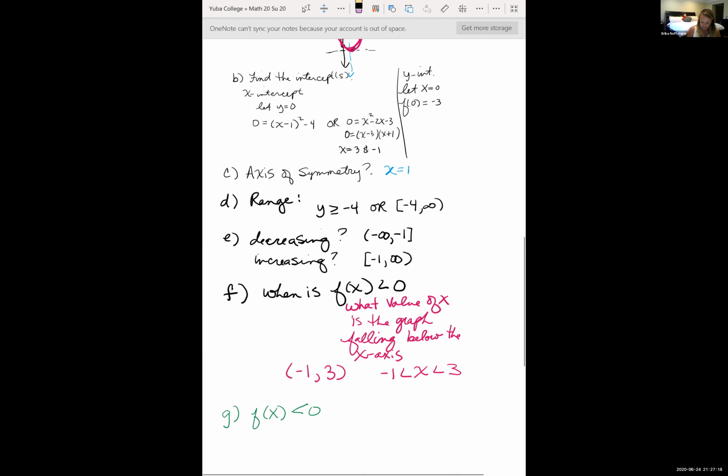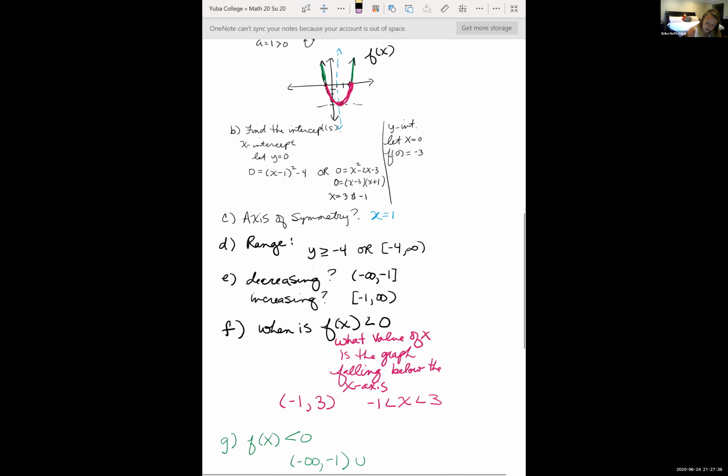So that would be -infinity to -1 union, but it's also occurring, our y values are above the x-axis for x values which are bigger than 3. So 3 to infinity. I meant to put that greater than, not less than.